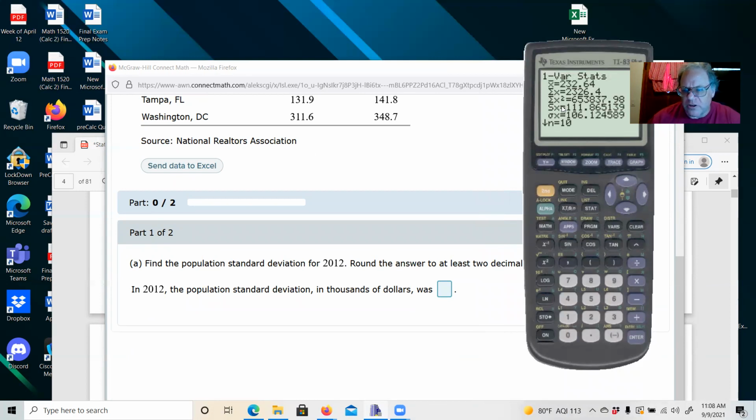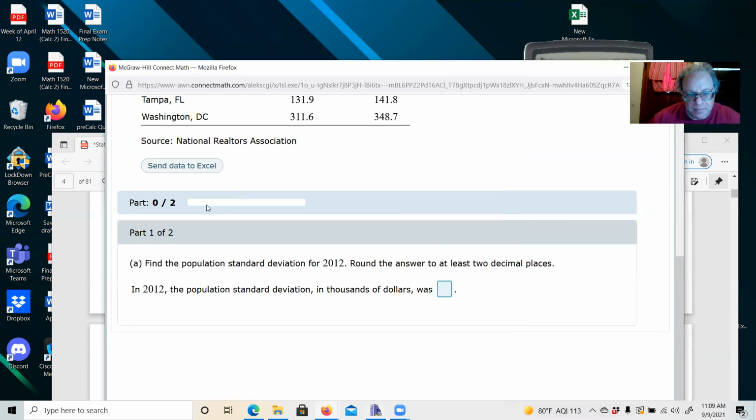And our standard deviation here is the population one, so it's the sigma x. So 106 point, how many? Yeah, 2 decimals. 106.12 is 4, that does not round up, it's down, so 106.12.